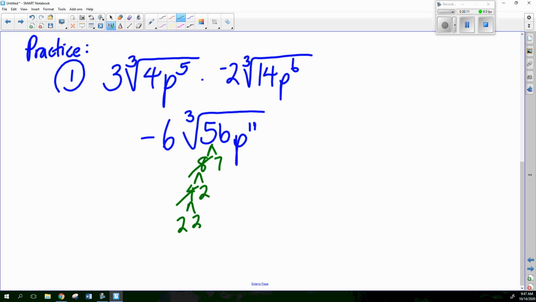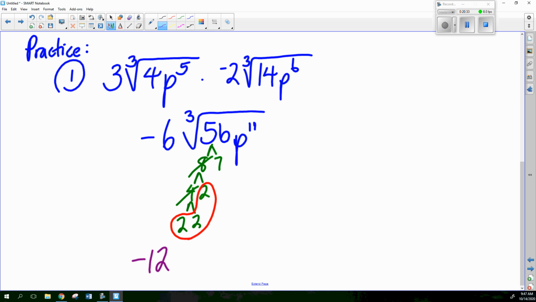All right, so I need sets of 3, yes? Do I have enough of something? Yes. All right, so what does my number in front become? If I take out a 2, what does my number in front become? Negative 12. Thank you.